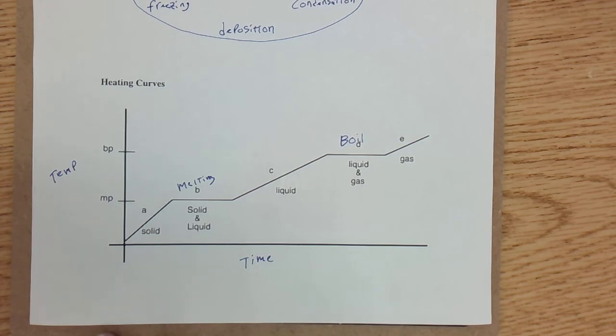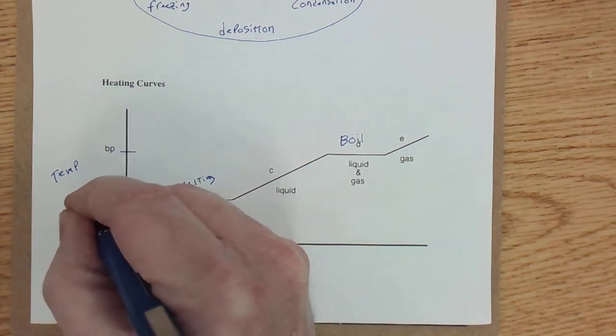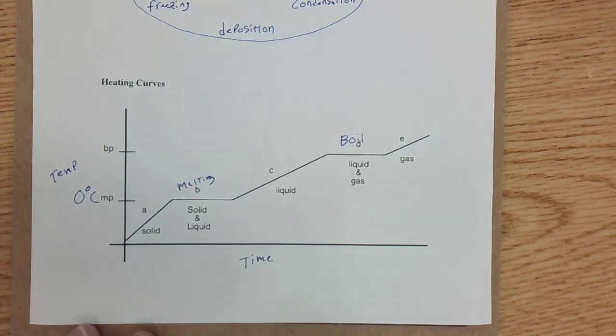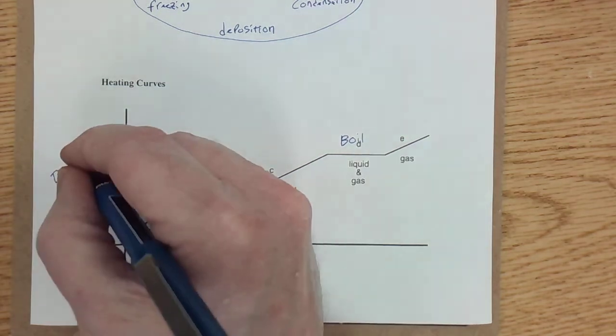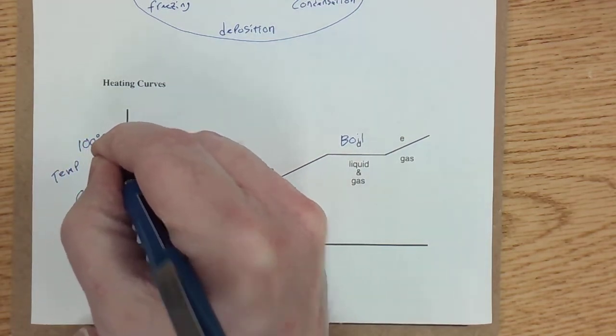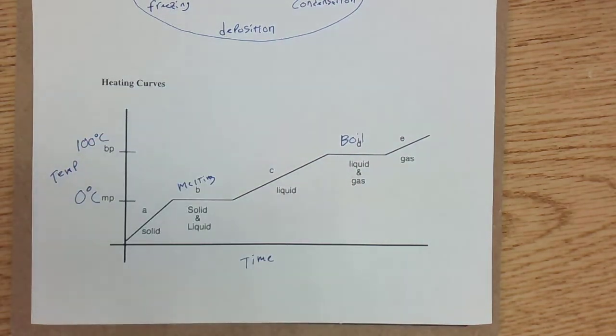Now, for water, the melting point is 0 degrees Celsius, and the boiling point is 100 degrees Celsius. And that is assuming that everything is happening at 1 atmosphere applied pressure. We call that a normal melting point and a normal boiling point.